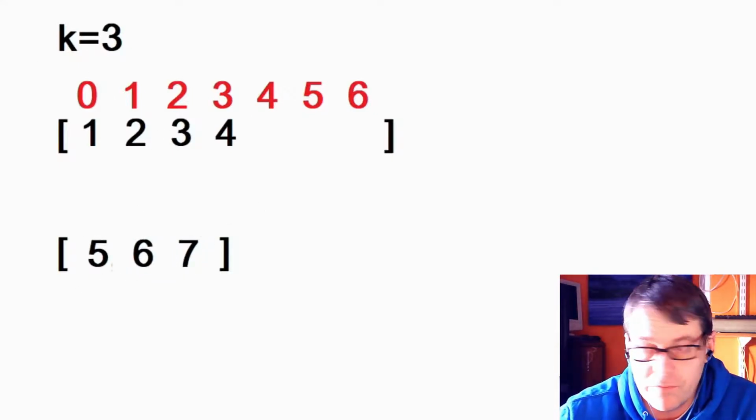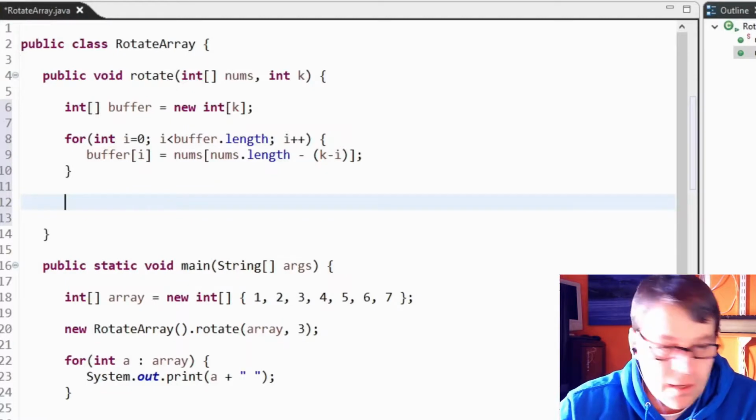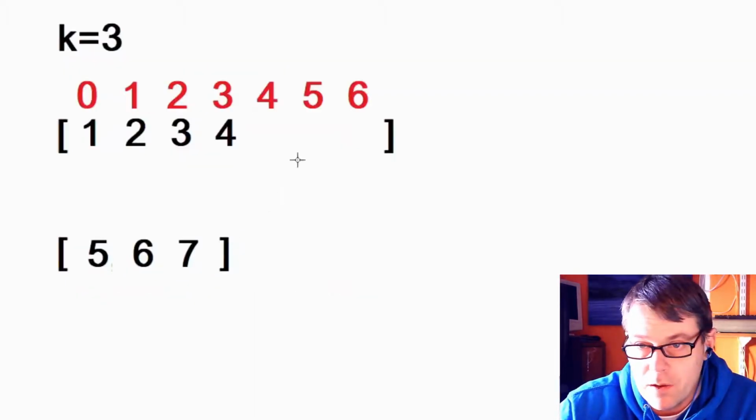So that's what we've done so far. Now my next loop, I want to go from 3 to 0, and I want to move the number up k spaces. Now I'm actually not going from k there, I'm going from the length minus k minus 1.